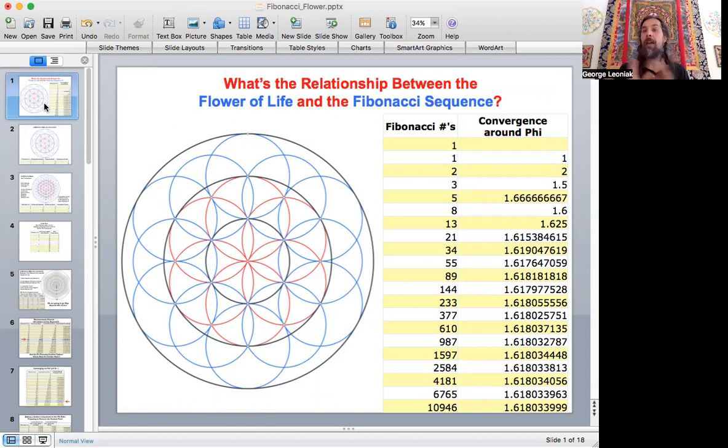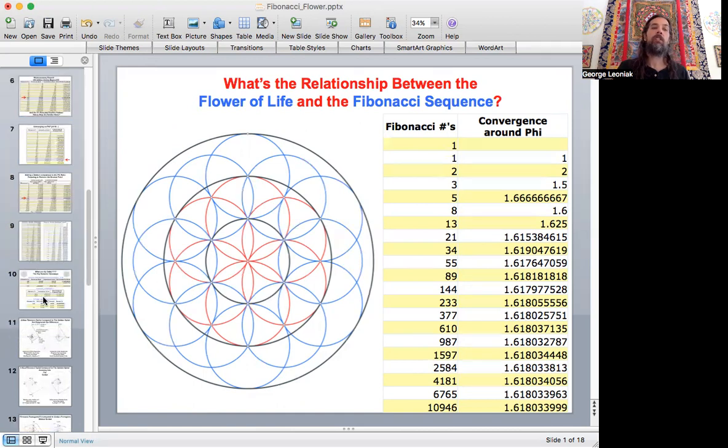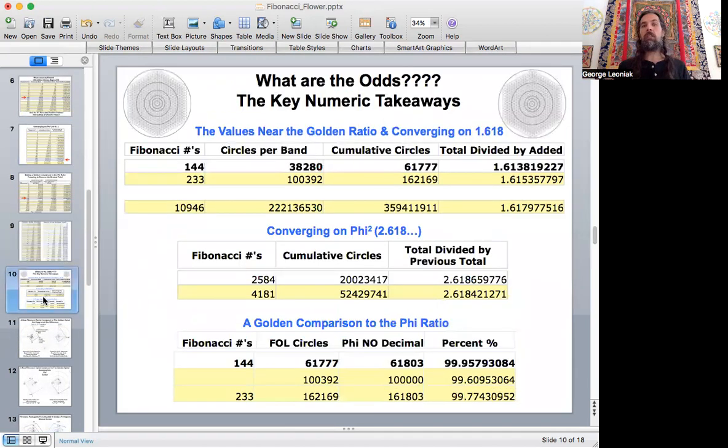Well, that's my analysis of how the circles themselves, these takeaways here, actually relate to the cumulative number of these little circles in the pattern as they add up, and are going to start to give you the values of the golden ratio themselves. And that was a unique discovery that I was pretty much blown away by, as I had a feeling that the numbers would converge on them.